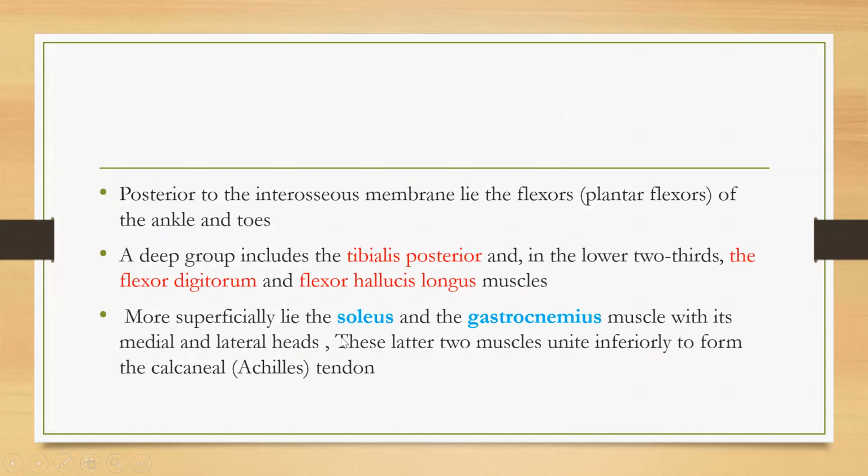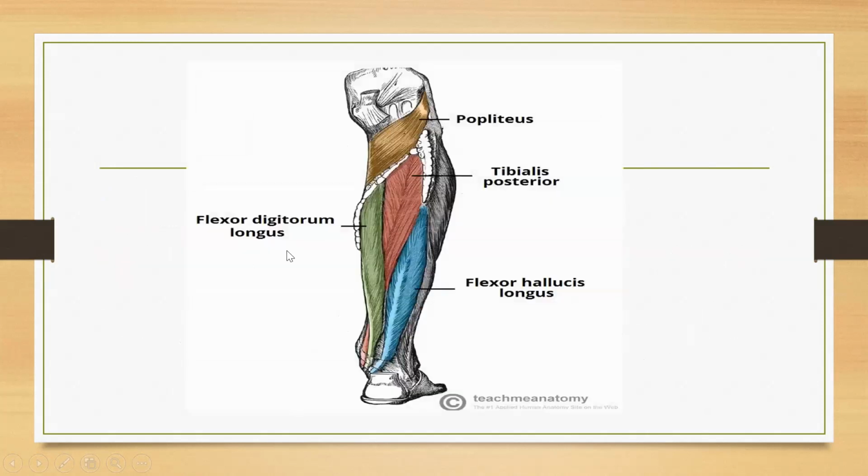More superficially lie the soleus and the gastrocnemius muscle with its medial and lateral heads. The latter two muscles unite inferiorly to form the calcaneal or Achilles tendon. Here is the posterior compartment muscle group. This is the tibialis posterior, the flexor hallucis longus, and the flexor digitorum longus.